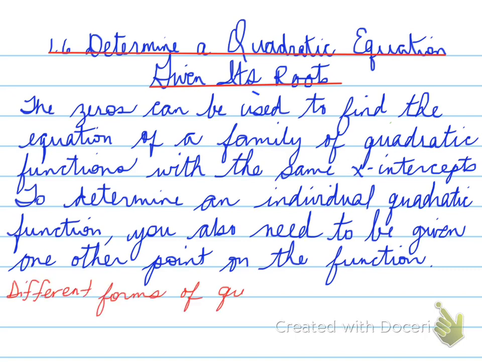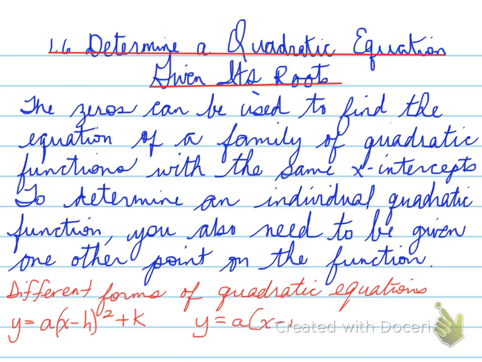And remember that there are different forms of quadratic equations that you can use. There is the vertex form, y equals a times (x minus h) all squared plus k. There is the factored form, which is the roots form: y equals a times (x minus r) in one set of brackets and (x minus s) in the other set of brackets.